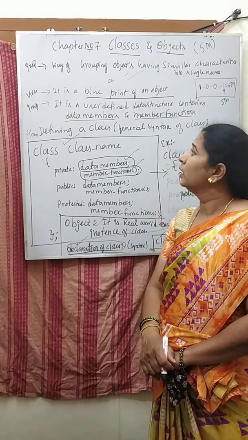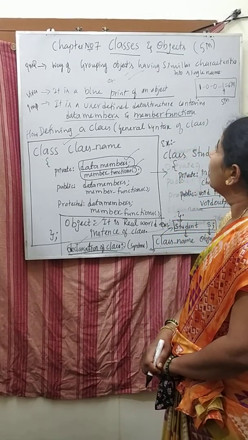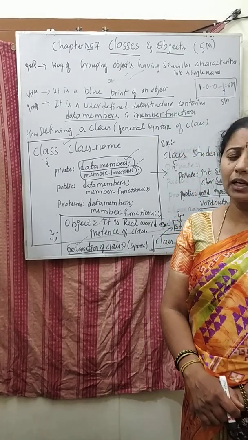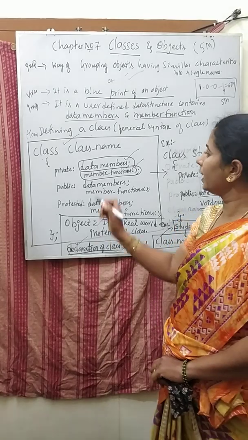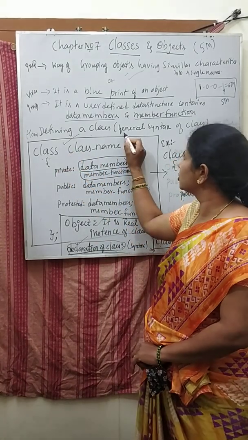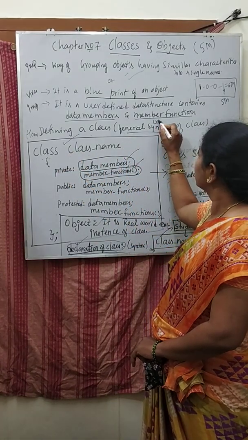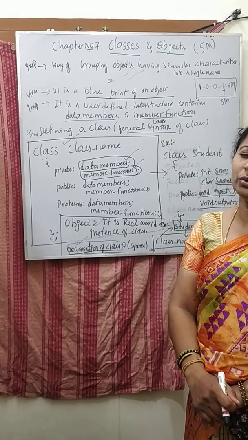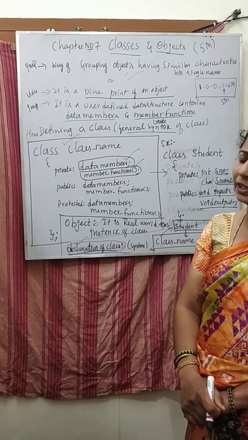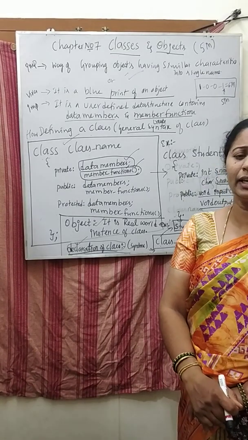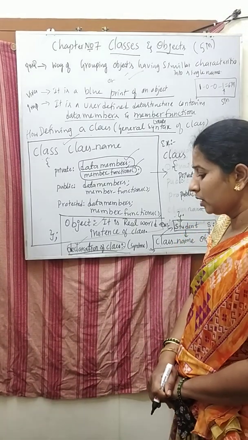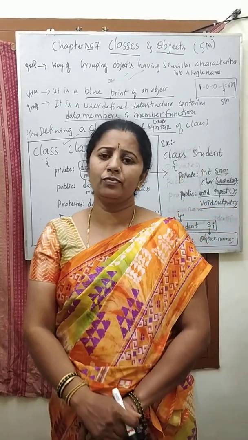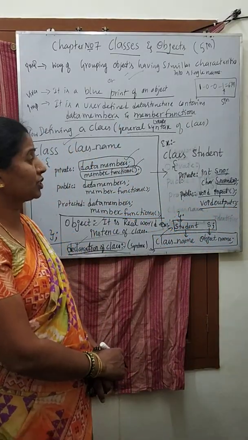Did you get it? And one more: how to create a class and object. Create means general syntax. Create is also called syntax. How to create a class and objects. Explain with the syntax and example. These are the different ways possible for asking this particular question.